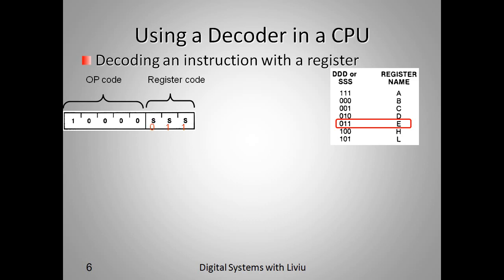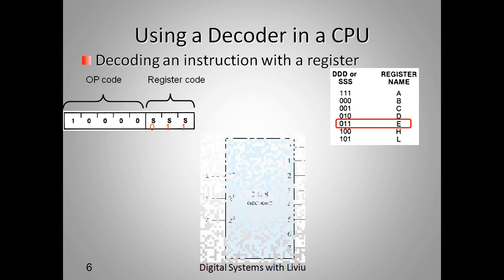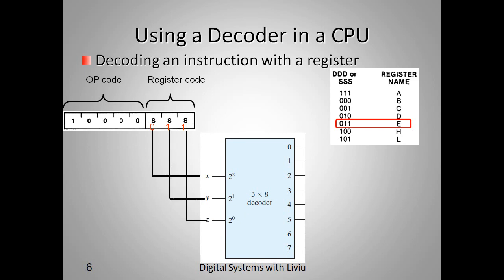So in order to decode it inside the processor, these 3 lines are connected to a 3 to 8 decoder. So in this example, if the decoder receives 011 as an input, it will assert the line D3, which is the appropriate index of the binary number 0, 1, 1.